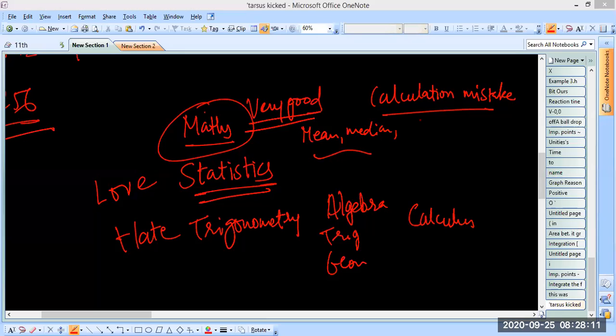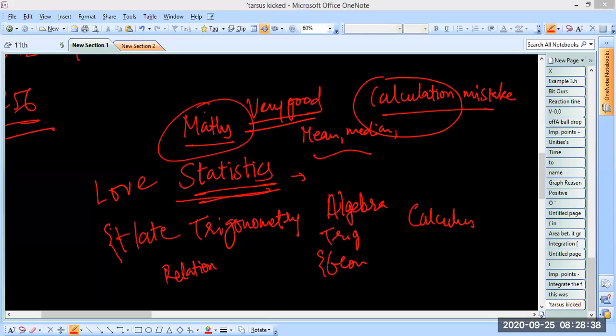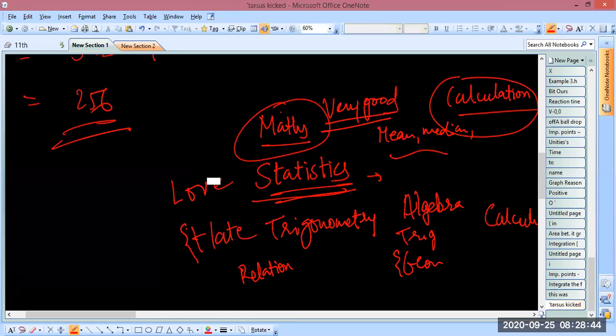But the reason is that trigonometry is more like talking about relations between different things like sine, cos, and this and that. The same follows for geometry also. On the other hand, statistics is based on calculations. So these are two different aspects of maths. I'm not saying one is good or one is bad. Both are important and both are very useful. Agreed, Falak.